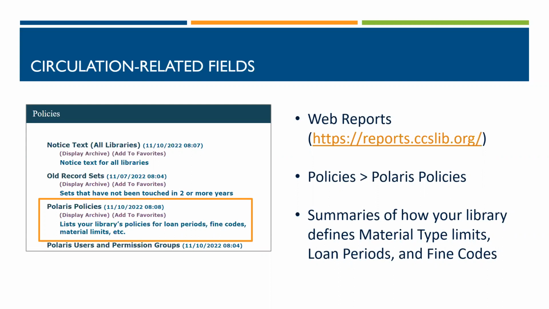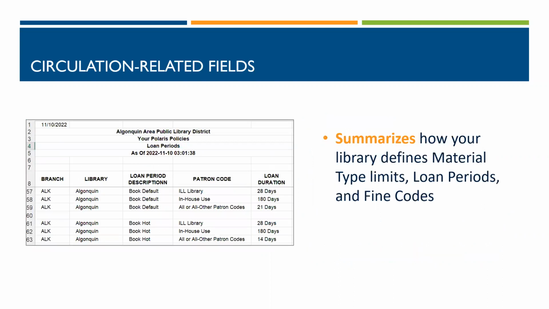If you've looked at this report, you'll know that it's more of a summary rather than a complete copy paste of the tables. That's because those backend tables are big. Each branch has over 9,200 lines just for loan periods, and about 13,000 lines for material type checkout limit.